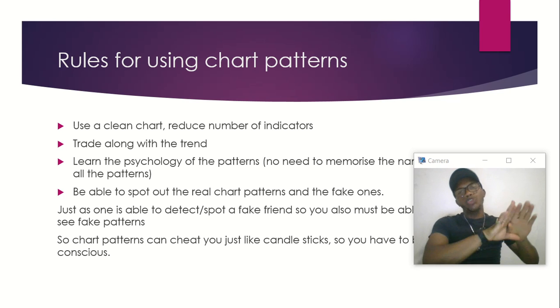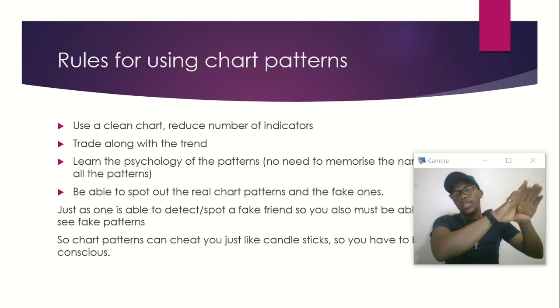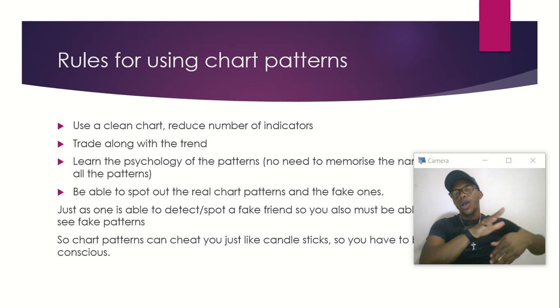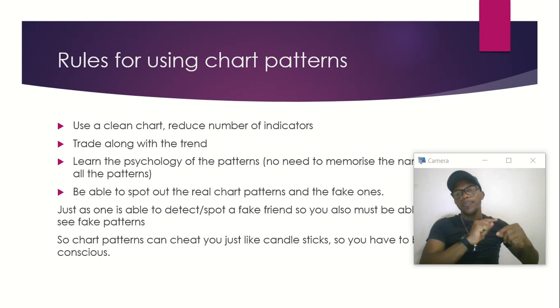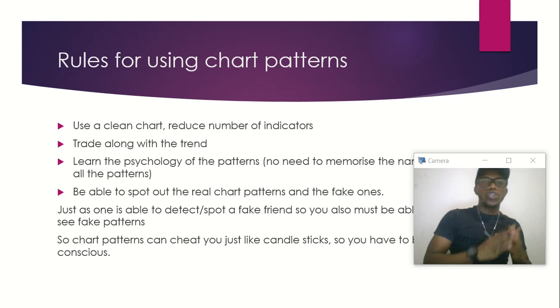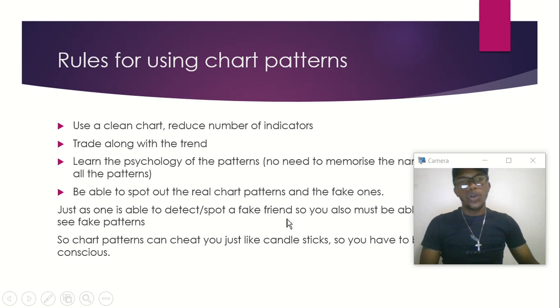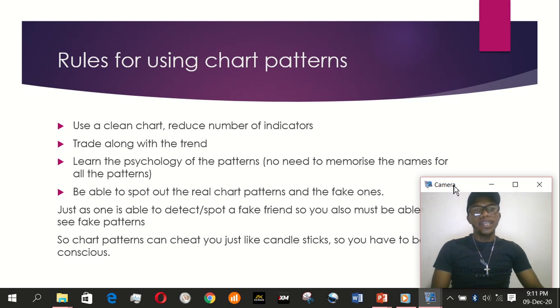If it is an uptrend, follow the trend. Don't trade against the trend or take small reversals because you end up losing all your funds. Thirdly, learn the psychology of the patterns. So there is definitely no need to memorize the names for all the patterns.